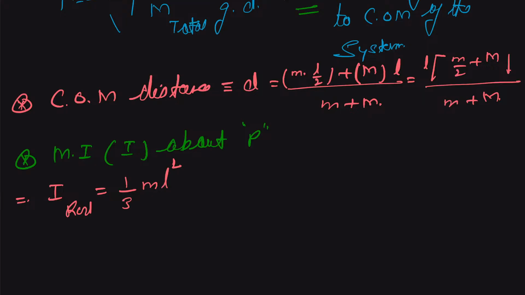And in case of the disc, first of all we are going to find out the moment of inertia of the disc about its own center, and then we are going to use the parallel axis theorem and shift, or find out, the moment of inertia about the pivot.